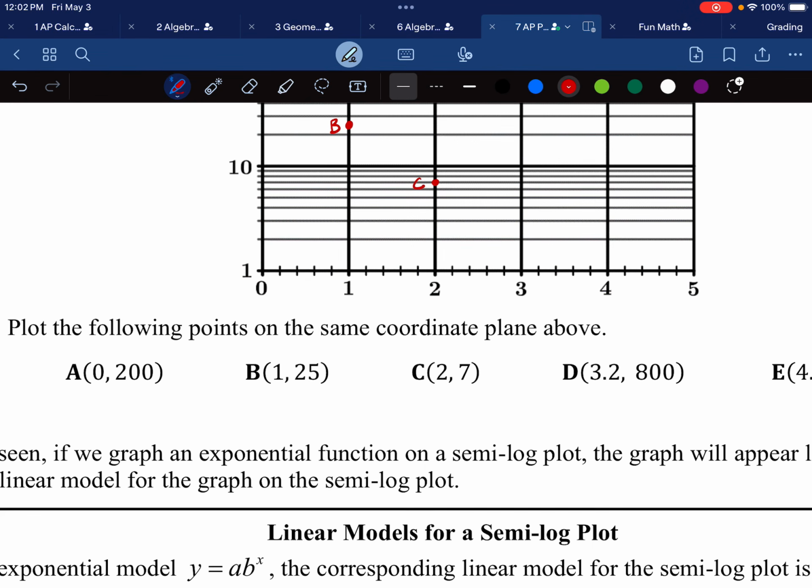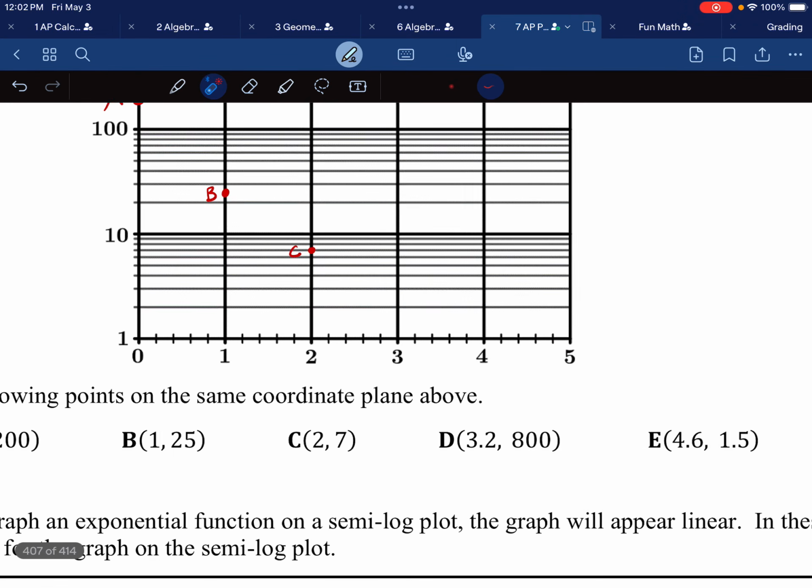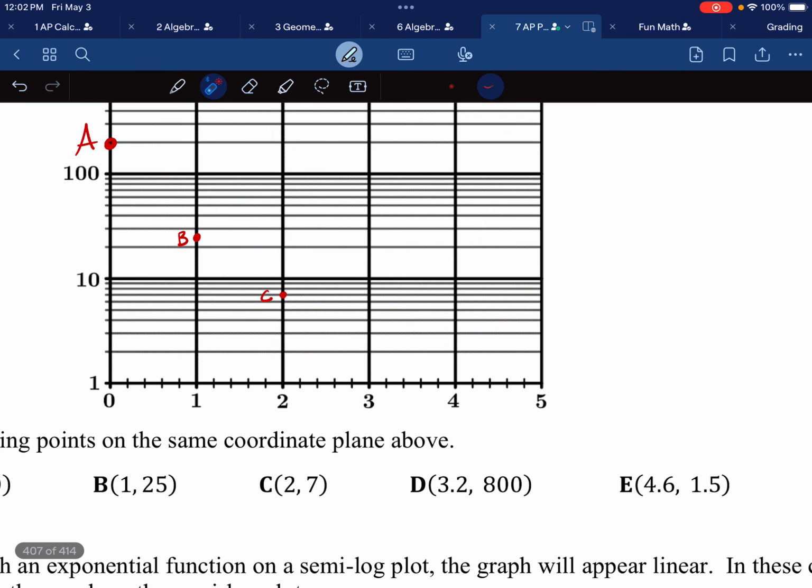And then point D is (3.2, 800). So okay, what are these tick marks meaning? So I have 1, 2, 3, 4, 5 jumps, which means each of these jumps is dividing this into 5 pieces, or if you want to say one piece of 5 is the same thing as 0.2. So each of these tick marks is actually 0.2.